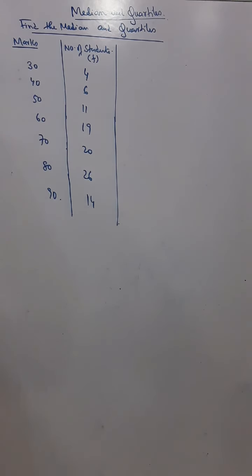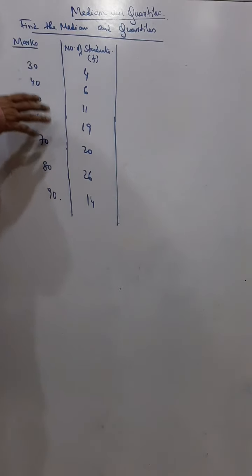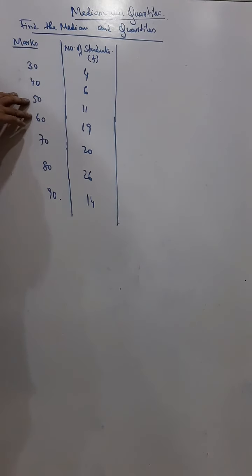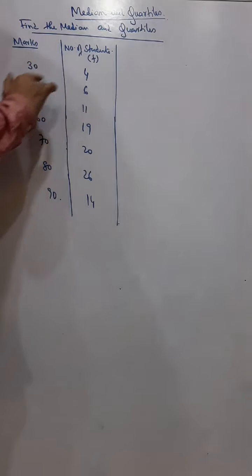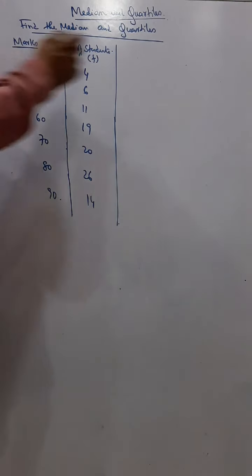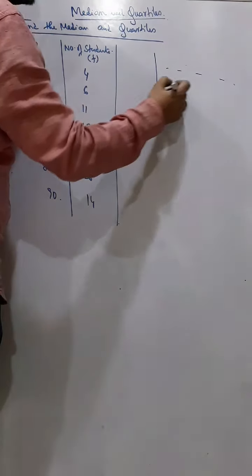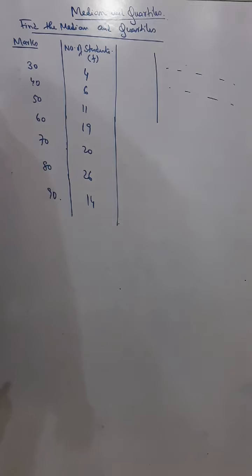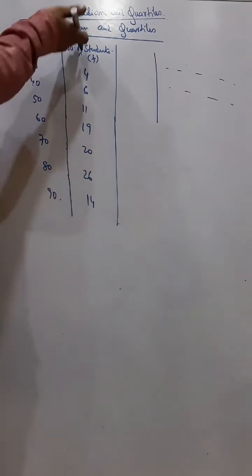Okay, now in this sum, this is also ungrouped, so that means there is no grouping, but in this sum there are frequencies. In the previous two sums that I have shown you, those are very small values, only 5 terms or 6 terms. But here maybe say there are 100 terms.